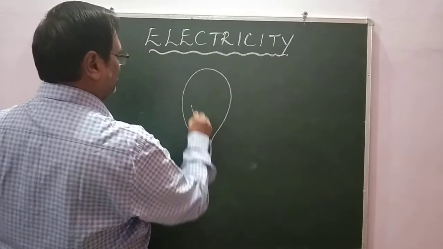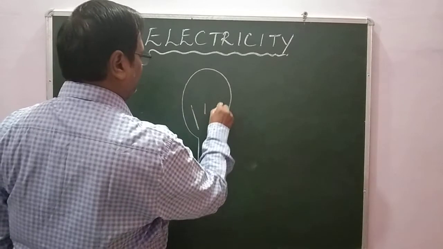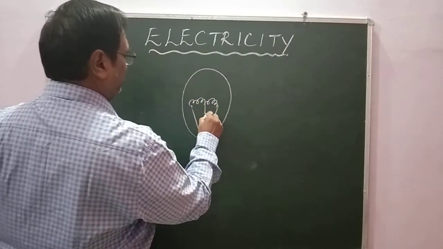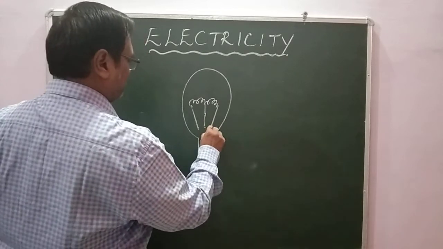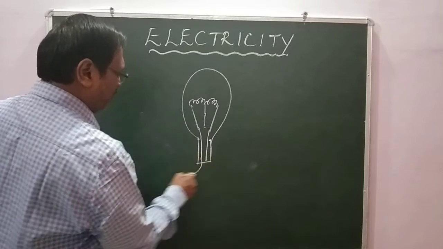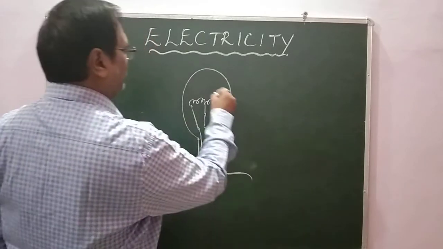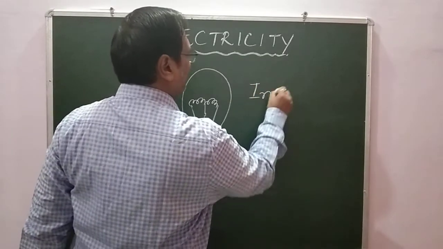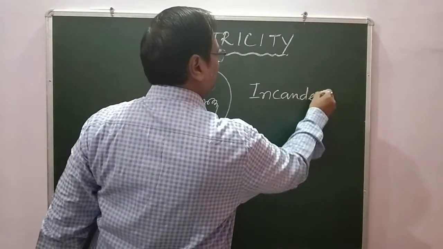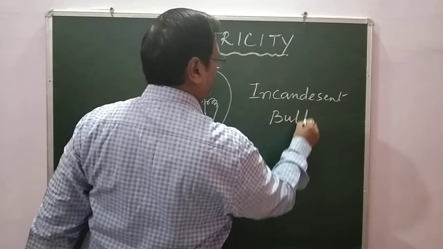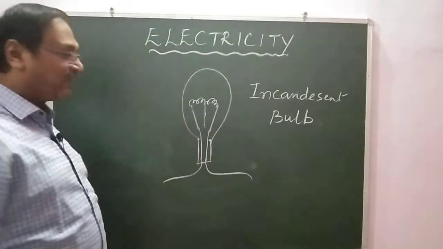And you will find that inside, lines will be there, and the filament will be there. They are all connected and supported. One point goes like this, one point goes like this, and inside this is called an incandescent bulb.